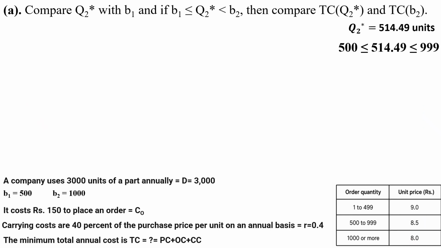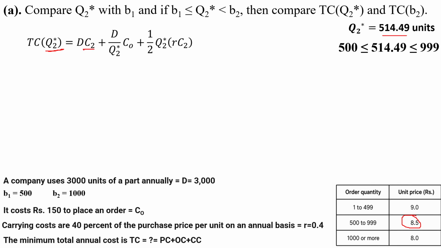First we determine the total cost for the quantity Q2 star. We know the total cost equals the purchasing cost plus ordering cost plus carrying cost. The purchasing cost is the demand into the unit price. Here the Q2 quantity is 514.49, and for this quantity the unit price is 8.5. So the purchasing cost equals the demand into the C2 price.